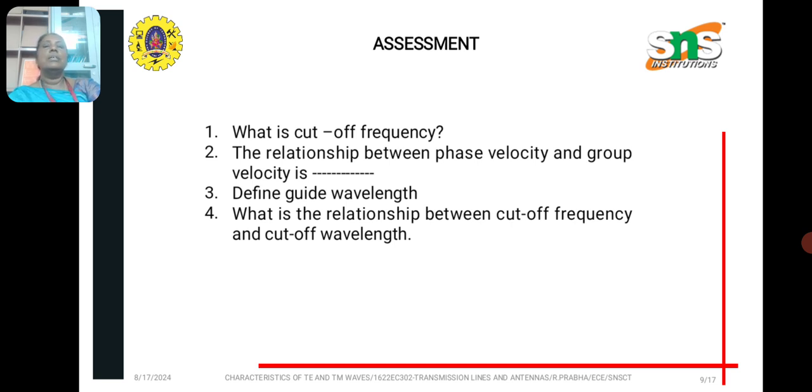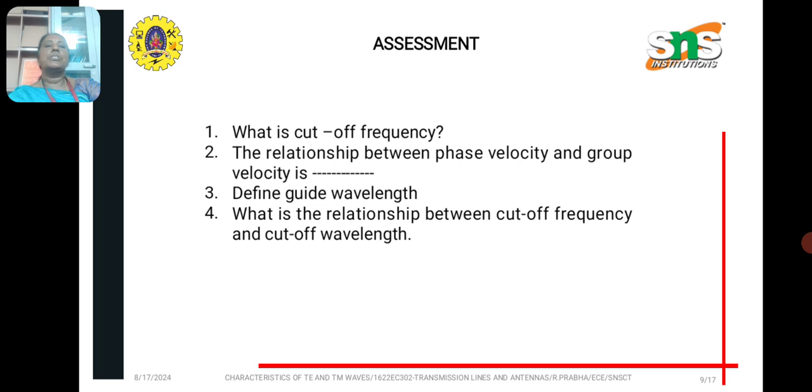So now the assessment questions. What is cutoff frequency? We know the cutoff frequency is the frequency at which the wave motion stops or ceases. So below cutoff frequency there will not be any wave propagation, and the wave propagation starts from the cutoff frequency upward.